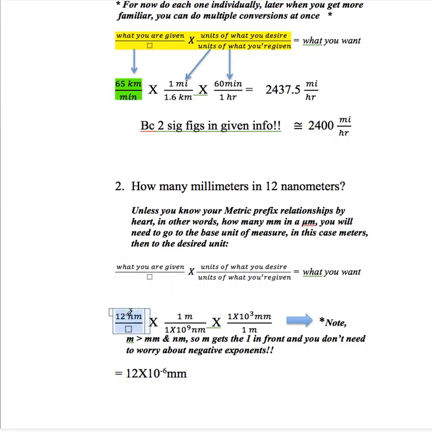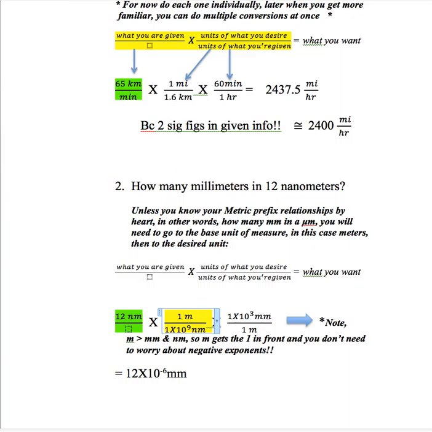I started out with the nanometer, and then I used the first conversion factor to get it into meters. I know that if I let 1 be the larger measure, 1 meter is larger than 1 nanometer, so therefore I put a 1 in front of the meter, and then I avoid the -9 exponent always if I do that. All right, but then I want to go to millimeters.